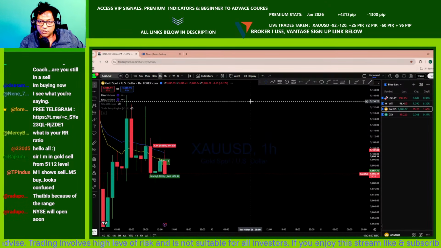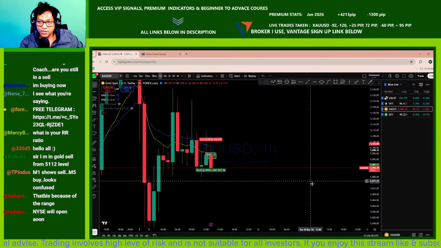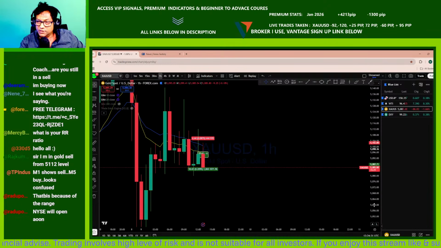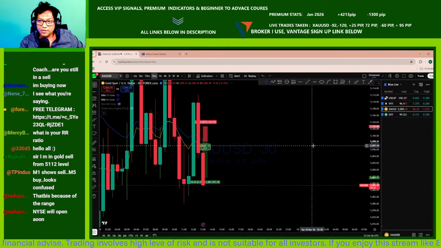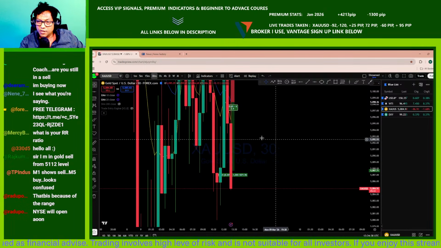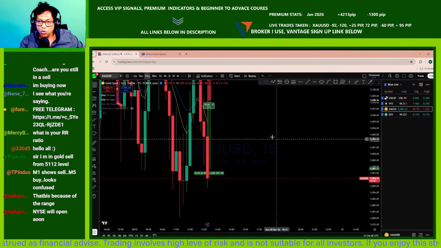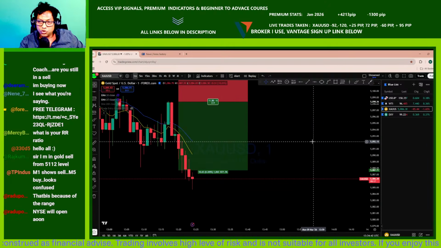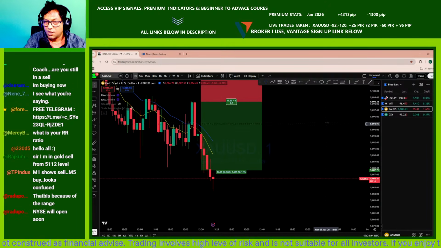You can see there is a significant fair value gap that could fill here in that zone, and with this fair value gap fill, you could see the market break that low and continue to trend back down here in that area.